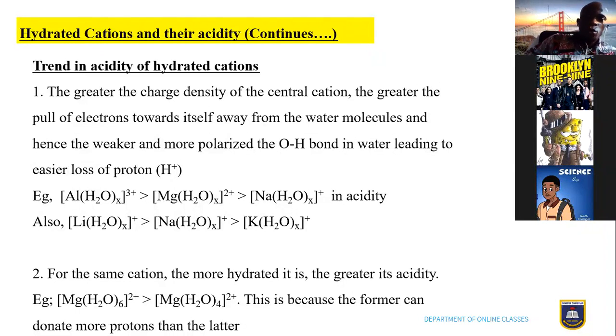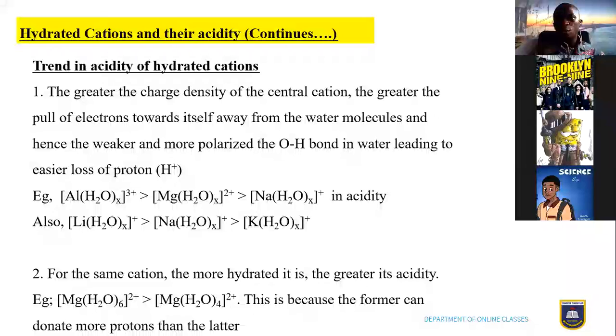Because its charge density is the lowest, the pull that it will have on the electrons in the OH bond will not be that strong. So the OH bond will be stronger because electrons will not be withdrawn readily, making it difficult for the OH bond to break easily, for H plus to be released easily into solution. So it makes calcium a weaker acid.